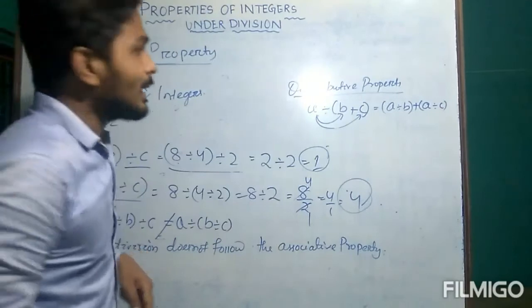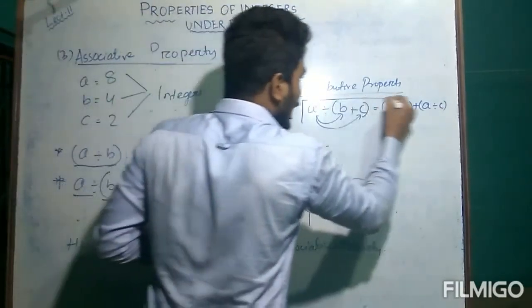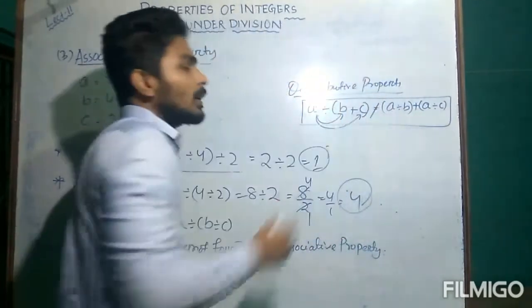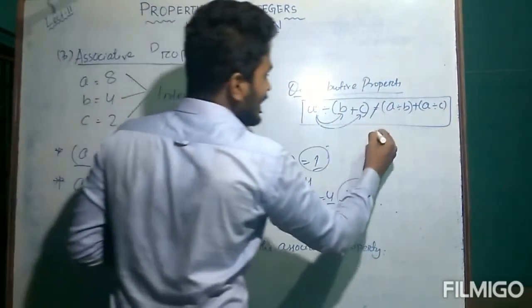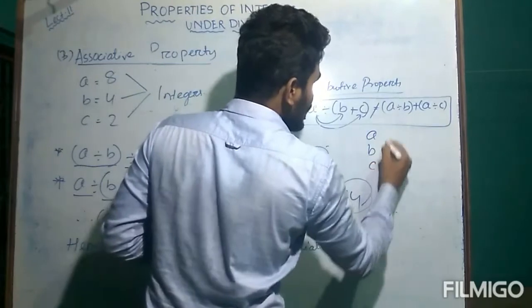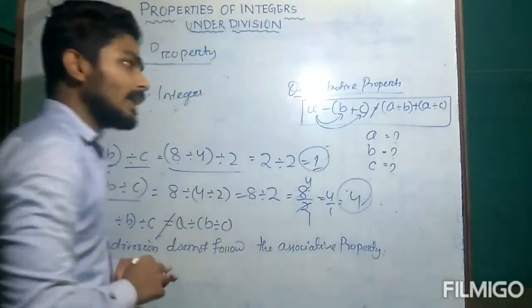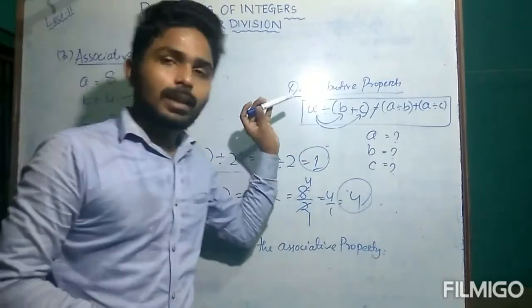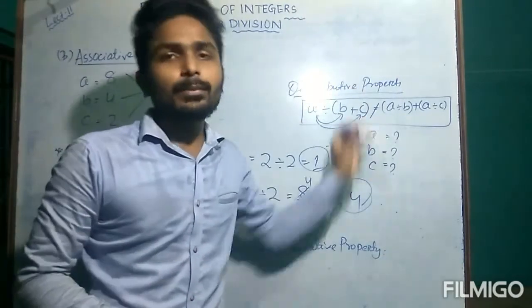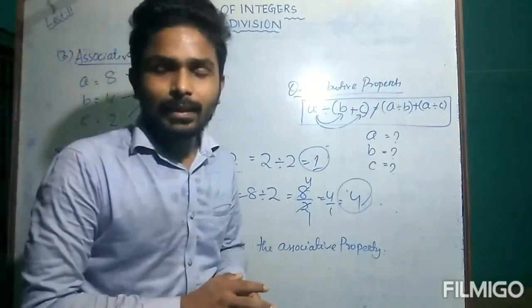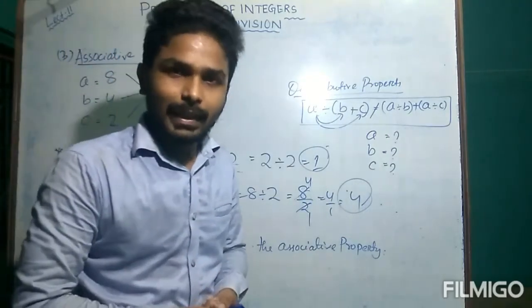Plus sign should be used. You can verify whether this is equal to this or not by taking three integers for a, b and c, right? And there also you find that division doesn't follow the distributive property. The fourth property has been denied by the division of integers.